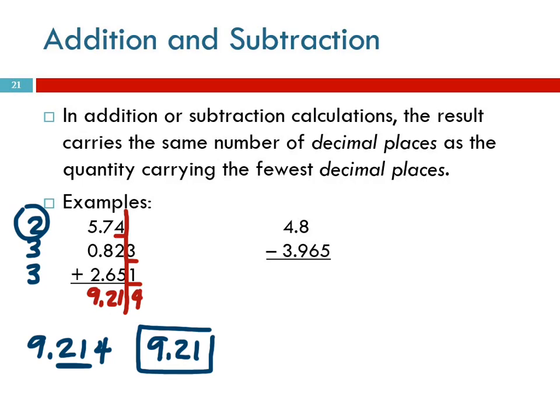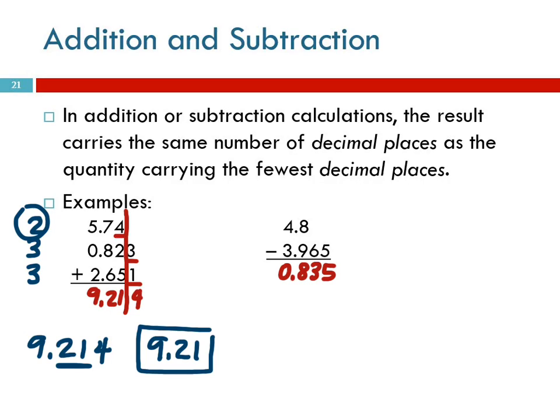Let's look at this one, 4.8 minus 3.965. So let's just do it on the calculator first, and see what the calculator says. So the calculator is showing me 0.835. Let's use the first method, looking at number of decimal places.